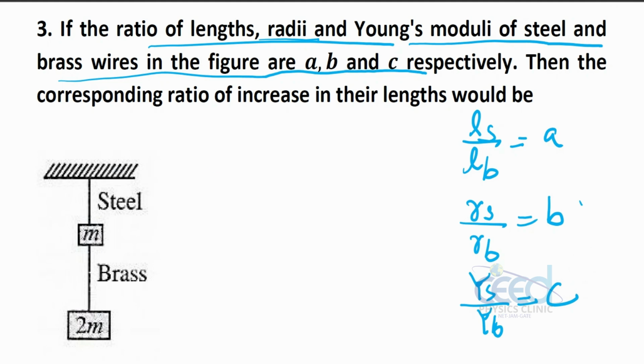So what is the increase in length? Y is equal to FL divided by A delta L only. Then increase in length delta L is equal to FL divided by AY.